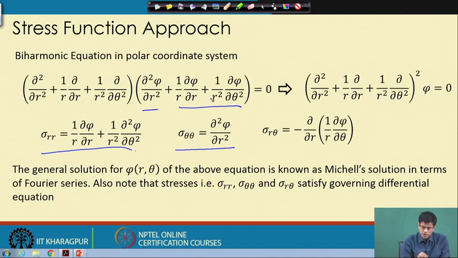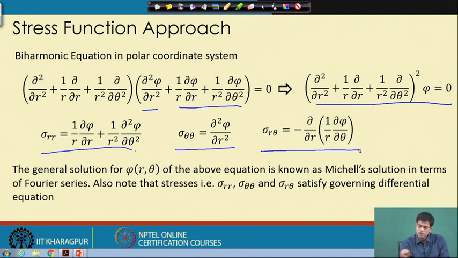So, if we substitute and then we take out phi, this is the final biharmonic equation, which is very similar to the Cartesian coordinate system, except this is in the polar coordinate system. Now, this sigma r theta is also this. So, this we can substitute in the governing equation and check whether this satisfies or not.